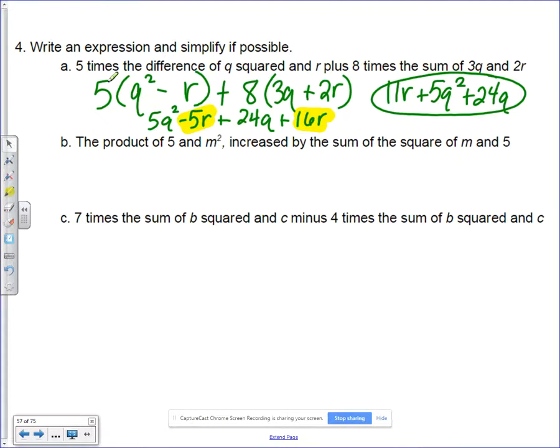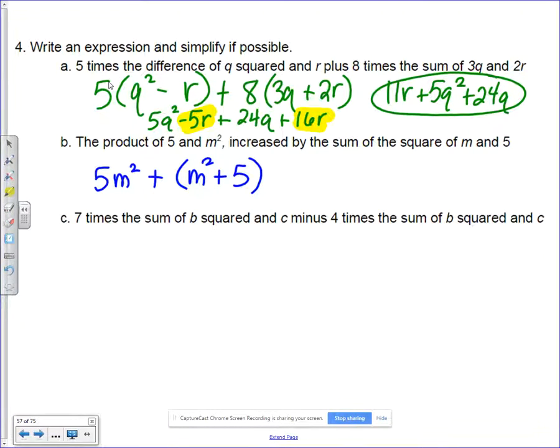The product of 5 and m squared. How do I show the product of 5 and m squared? Do I need to have it in parentheses? We're going to smush it together, right? Okay. Then it says increased by, there we go, the sum increased by the sum of the square of m and 5. So what do I put around that? M squared and 5.